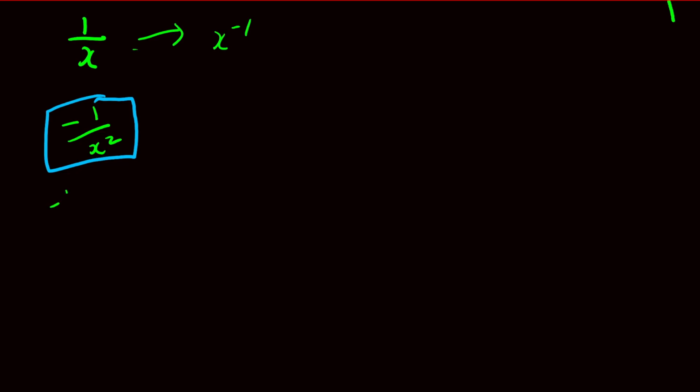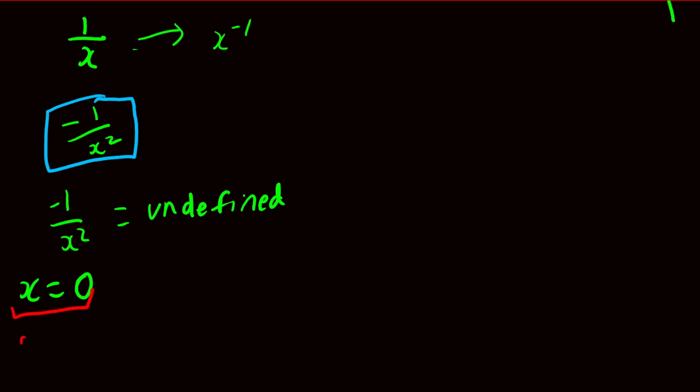Well, negative 1 over x squared, how can this ever be 0? Never, but it can be undefined if x is 0. So undefined when x equals 0. That's our only critical point right here.